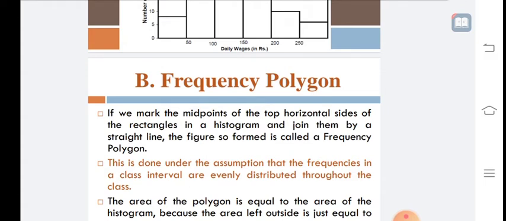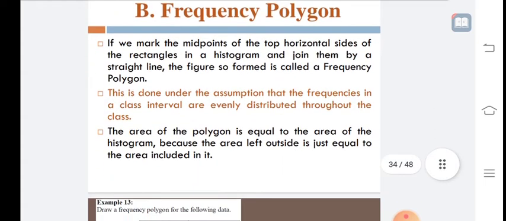If we mark the midpoints of the top horizontal sides of the rectangles in a histogram and join them by straight lines, the figure so formed is called a frequency polygon. It is another important type of graph, used to show either continuous or discrete frequency distributions.